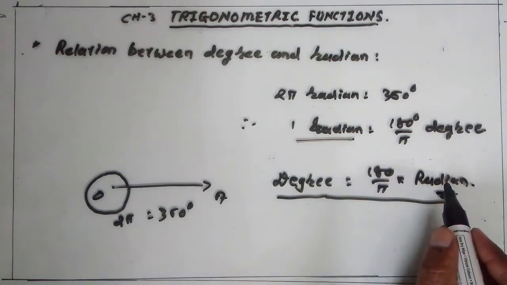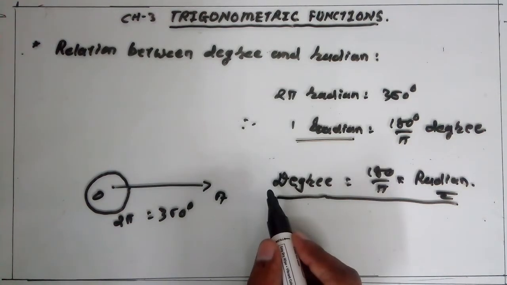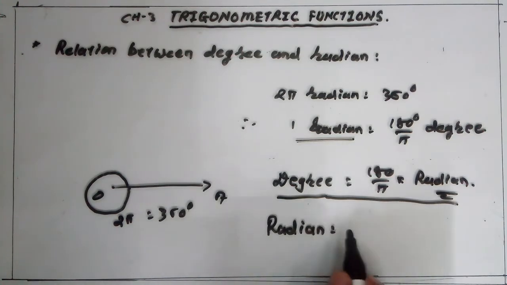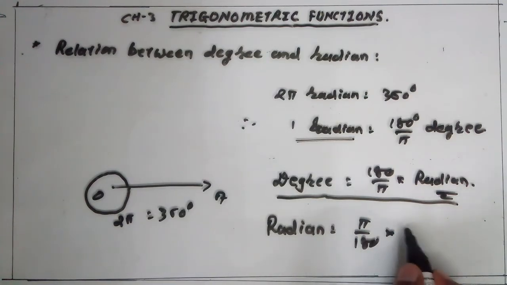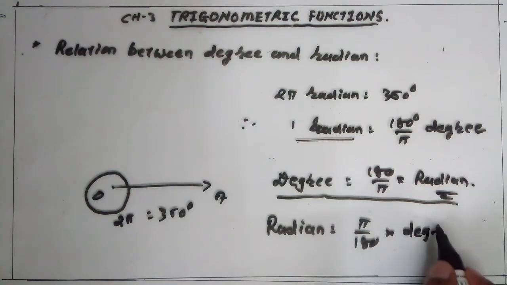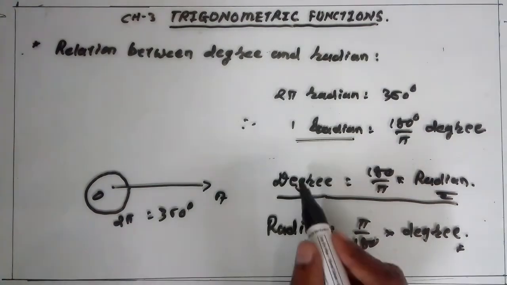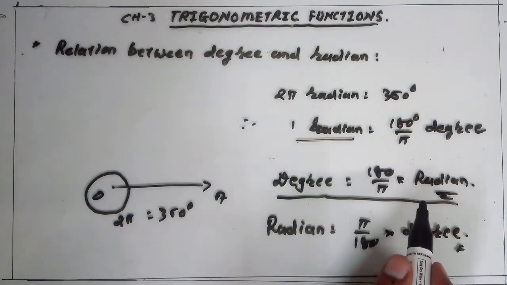For radian measure from degree measure, pi and 180 upon take this side. So radian measure is equal to pi upon 180 into degree. Clear? So remember this important formula, how to convert radian measure into degree measure and degree measure into radian measure.